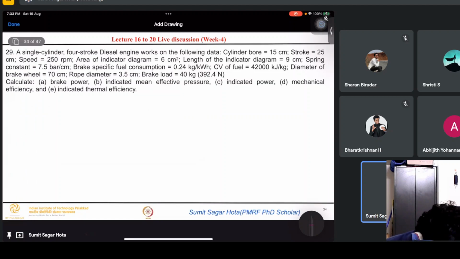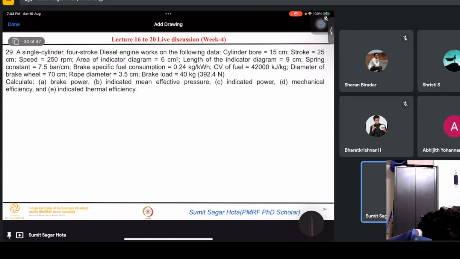A single cylinder 4-stroke diesel engine works on the following data. Cylinder bore 15 cm, stroke 25 cm, speed 250 rpm, area of the indicator diagram 6 cm square, length of the indicator diagram 9 cm. The spring constant is 7.5 bar per centimeter. Brake specific fuel consumption 0.24 kg per kilowatt hour. CV of the fuel 42,000 kilojoule per kg.